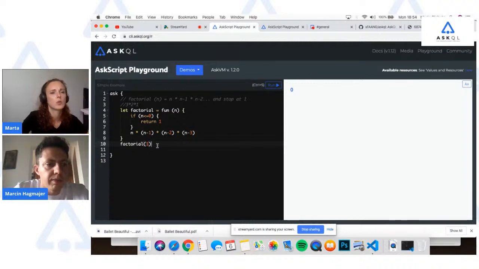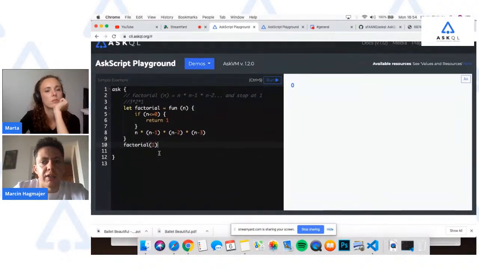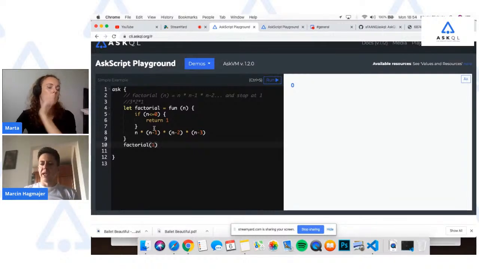Okay, so what do we write? What would be very useful for us right now is to say something like factorial of 10 is 10 times factorial of 9. Factorial is this thing where you multiply another number to it.